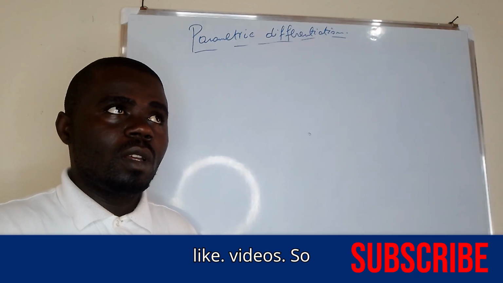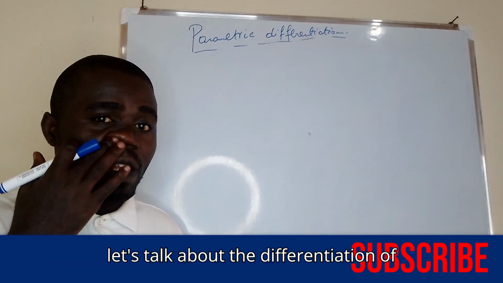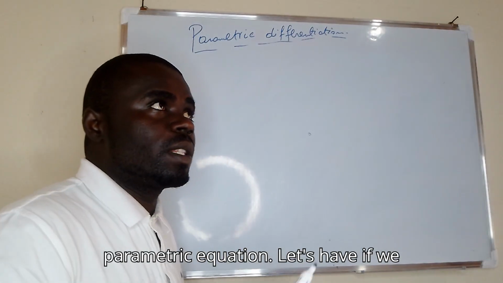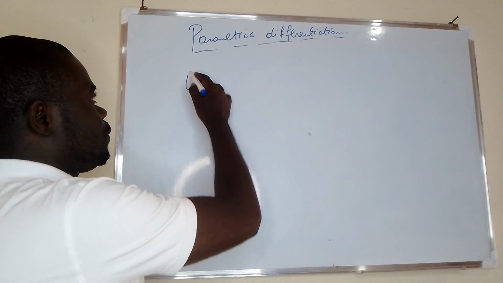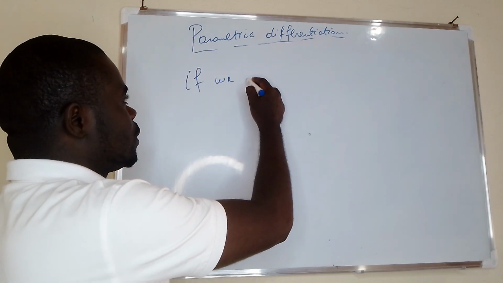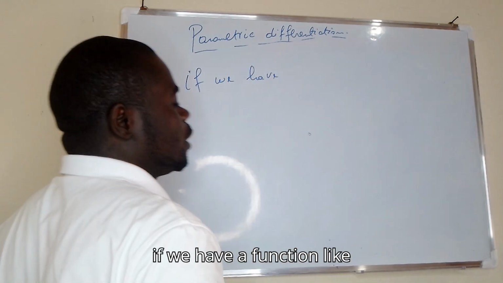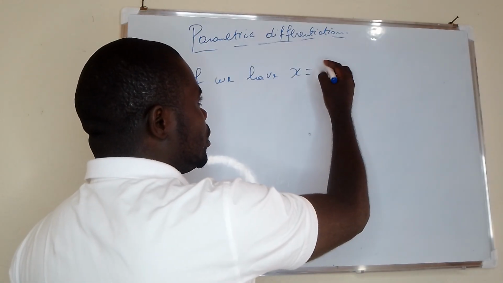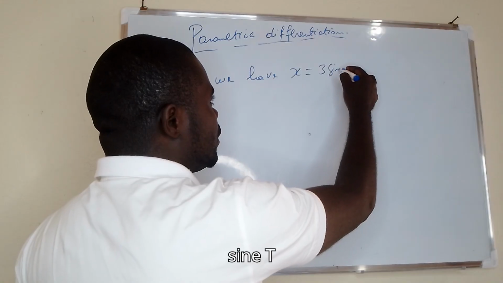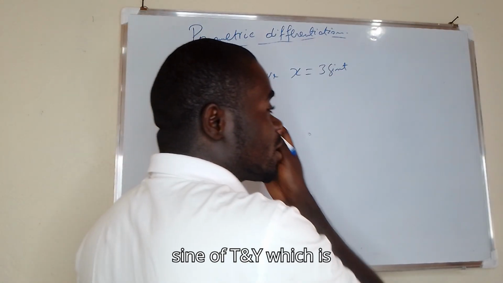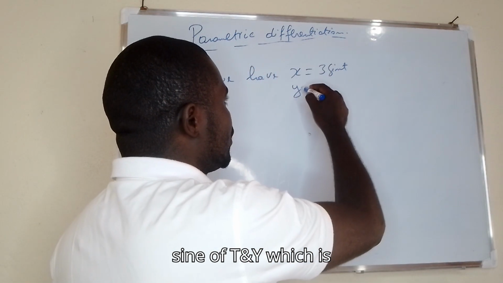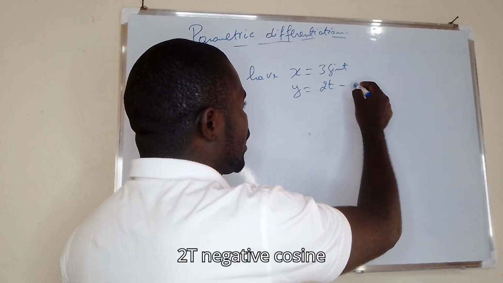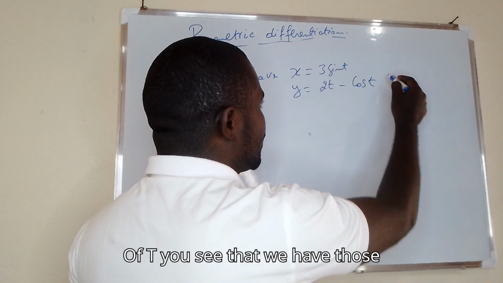So, let's talk about the differentiation of a parametric equation. If we have a function like x equal to 3 sine t, and y equal to 2t negative cosine of t.